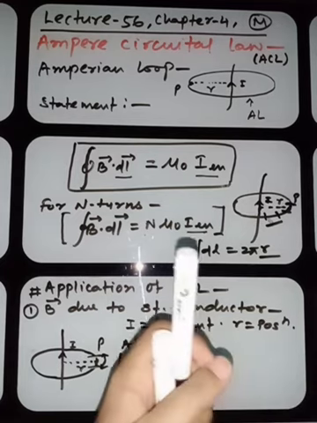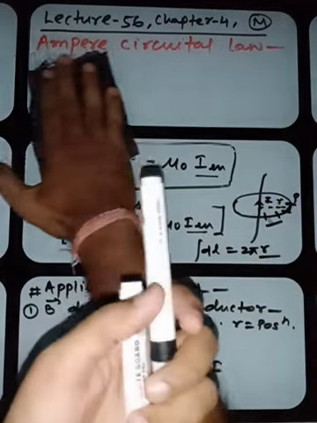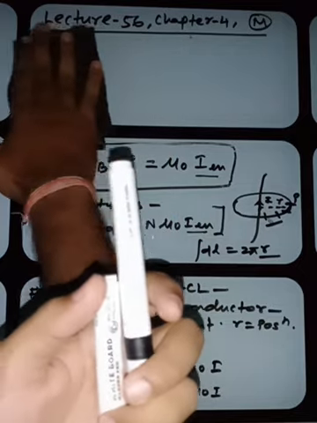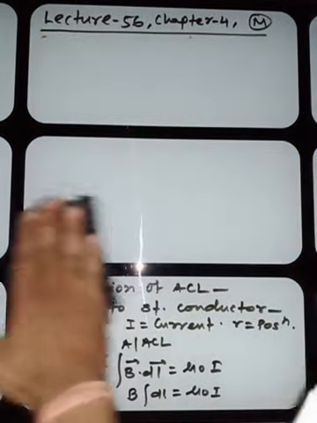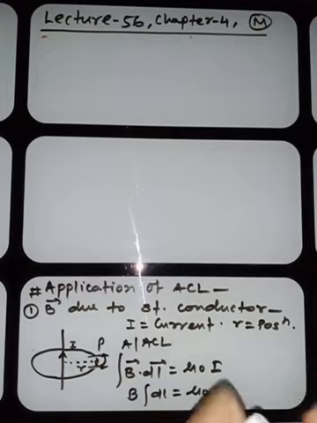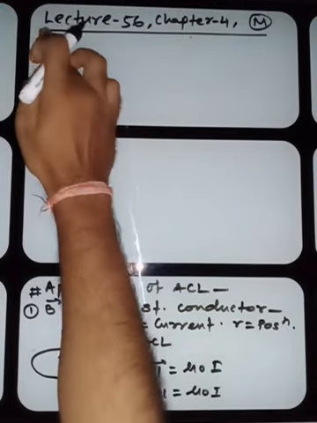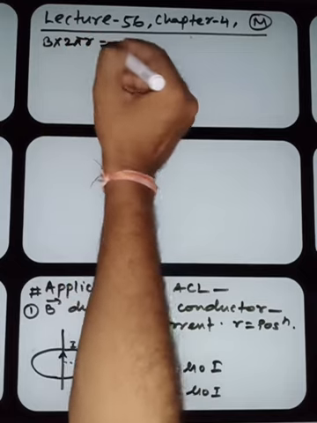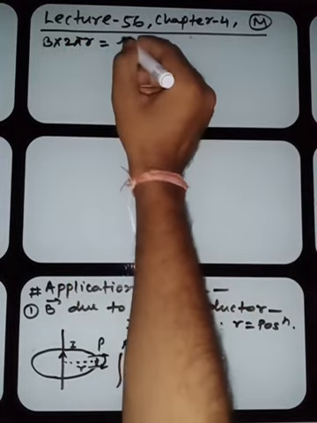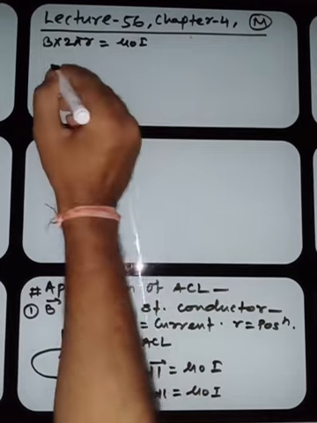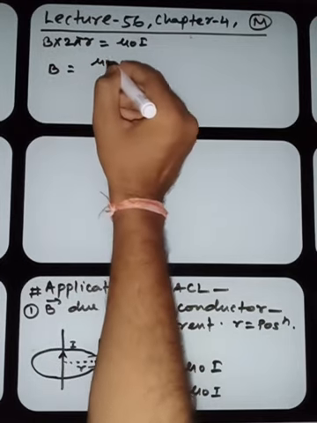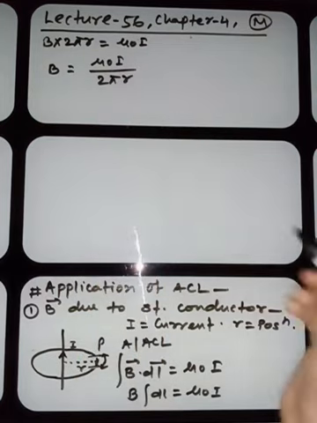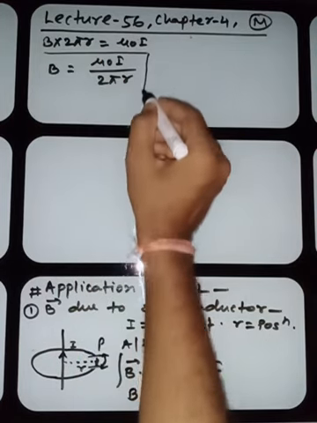Let me write over here, B times the integral of dl, and that is 2 pi r, equals mu naught I. So B is equal to mu naught I by 2 pi r, and this was the magnetic field.